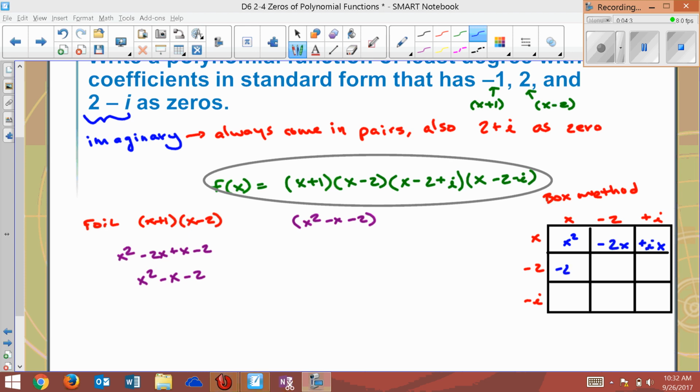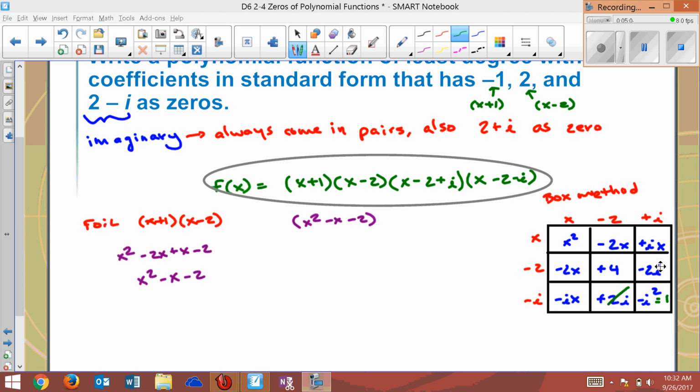Here I have -2x, and -2 times -2 is +4. And then we'd have -2i. Here I have -ix, positive 2i. And finally, negative i times negative i is -i squared, which, if you don't know, i squared is equal to -1, so that's actually equal to 1 because the negatives would cancel out. So now we can cancel out some other things.